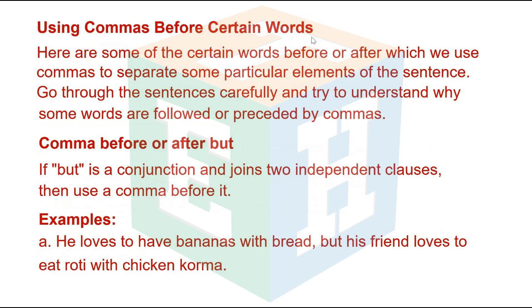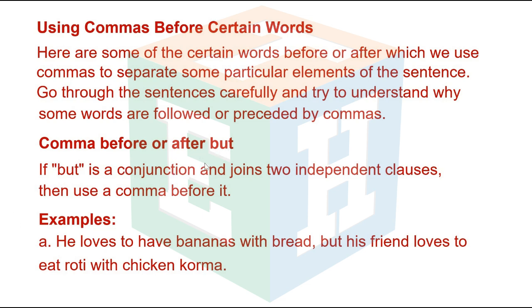Using commas before certain words. Here are some of the certain words before or after which we use commas to separate some particular elements of the sentence. Go through the sentences carefully and try to understand why some words are followed or preceded by commas. Comma before or after but.